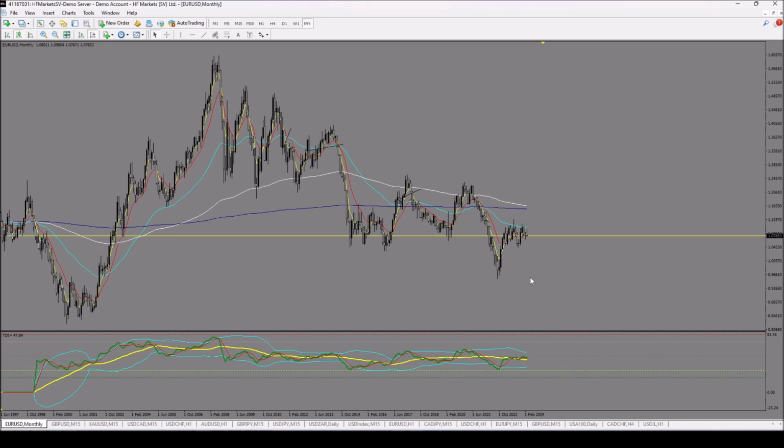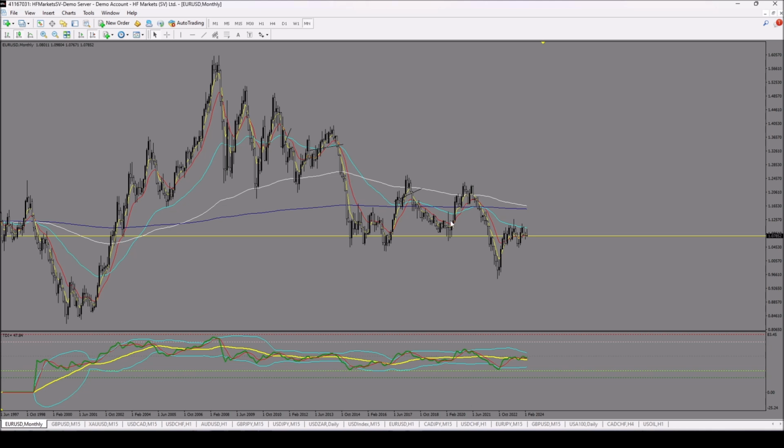Whilst on that, we can see that if we are on the monthly time frame, we have this 200 EMA. This is to answer those who are asking, what is the use of all the EMAs that are on our charts? As we move down the time frames, the indicators also alternate to match that particular time frame.